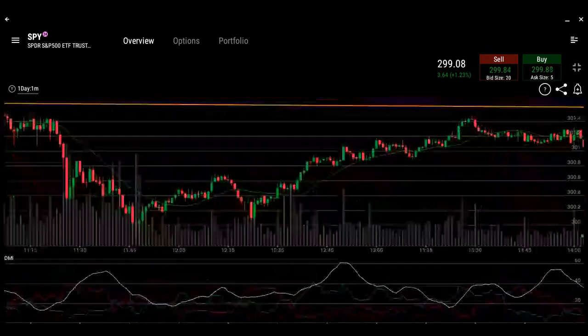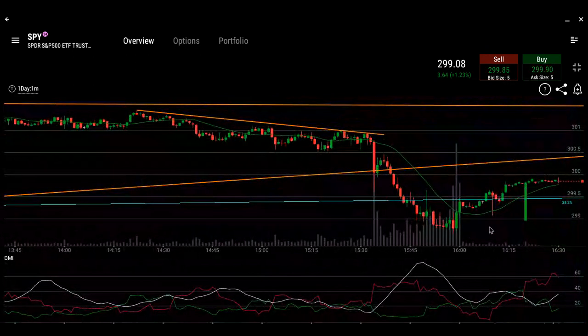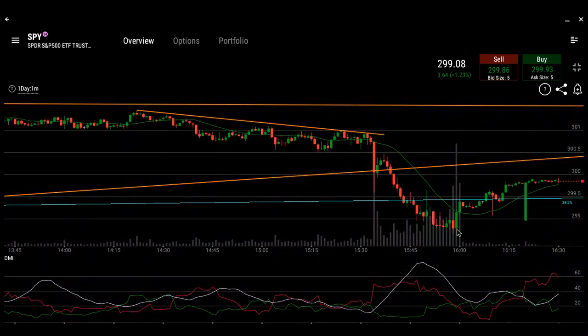And there was the turnaround there. It was a liquidation break, and I guess that was the support. 298, 299 was definitely support. And here we are after hours, and it is almost up to 300. Oh, there we go. We're going to hit 300 again. So looks like it might be a bullish day tomorrow.